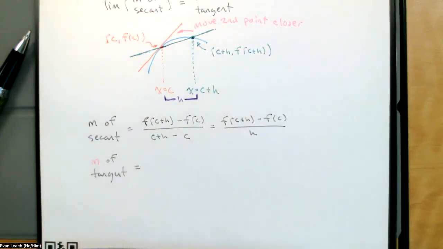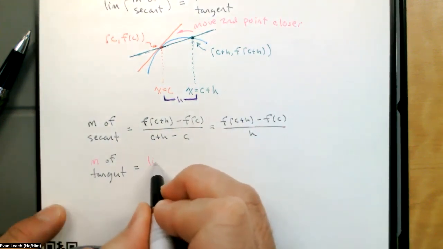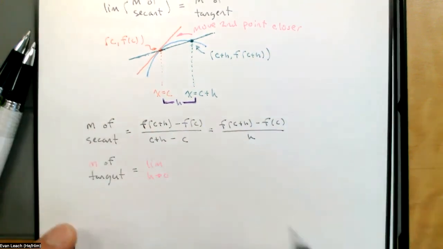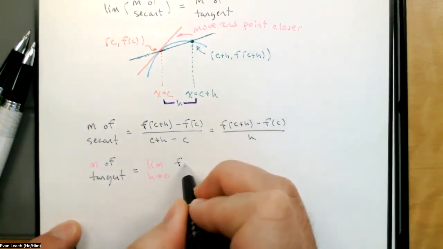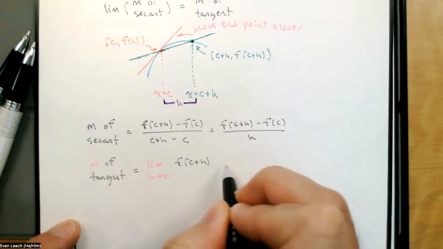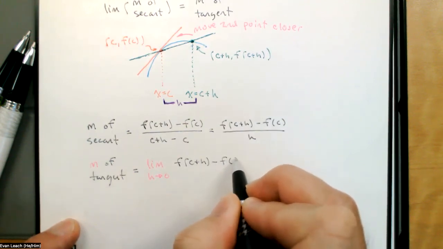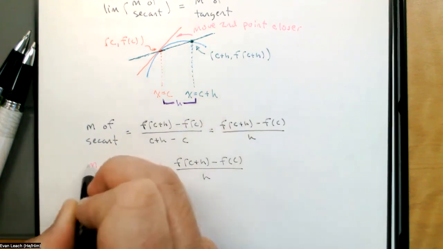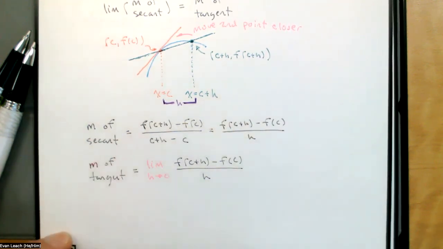The slope of the tangent will be the limit as h goes to 0 of f of c plus h minus f of c over h. And this will be a very particular 0 over 0.